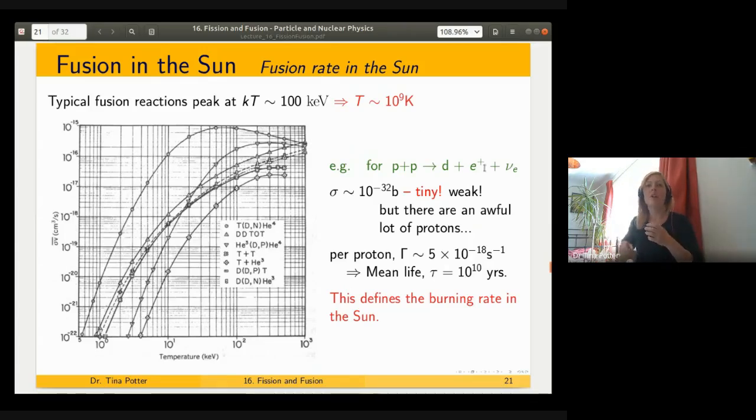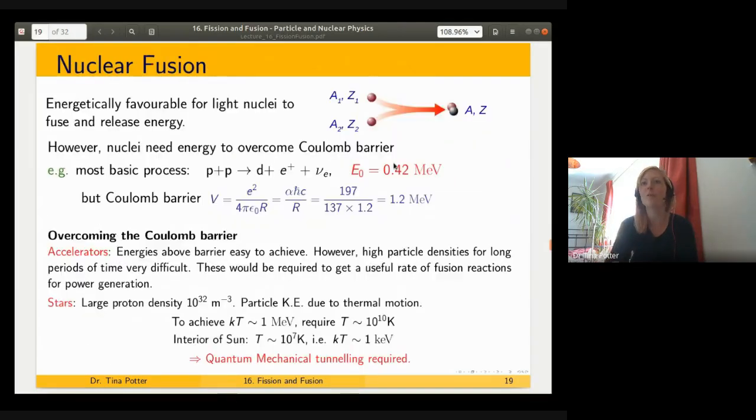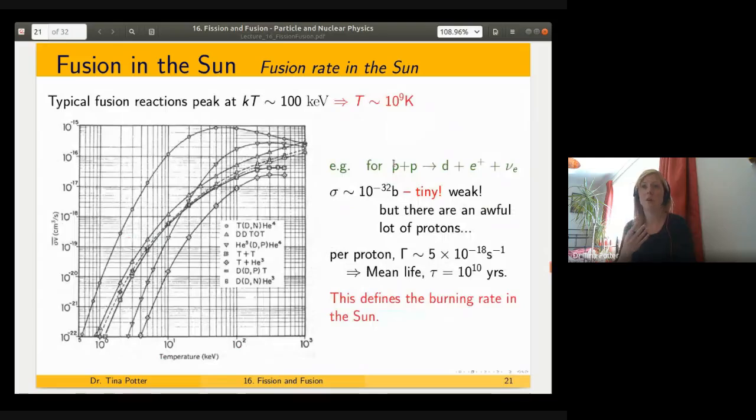The cross section here is absolutely tiny. It's something like 10 to the minus 32 barns. It's a very, very weak cross section. So it's very, very unlikely that a particular proton is actually going to undergo fusion. But we have so many protons in the sun. Is it 10 to the 32 per meter cubed? The density of protons is so high.